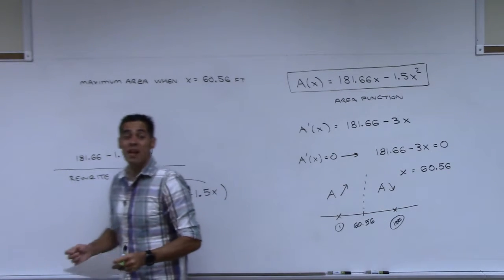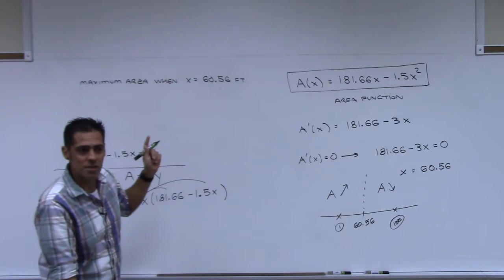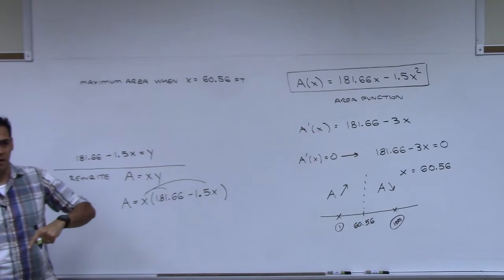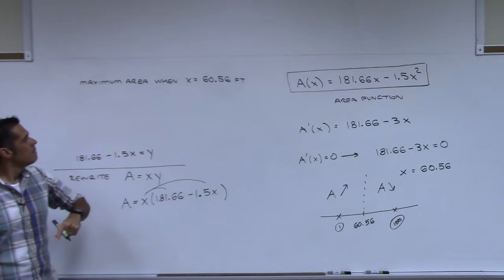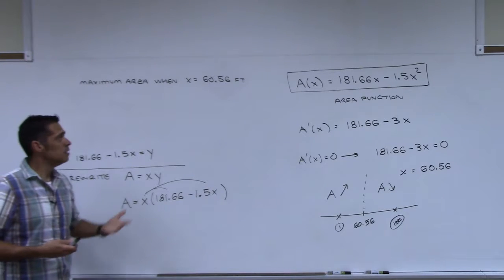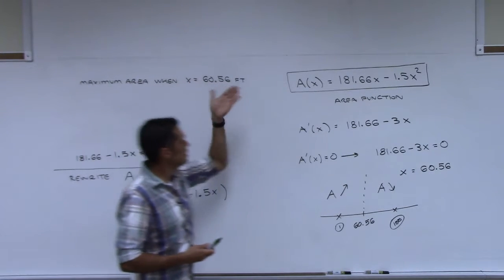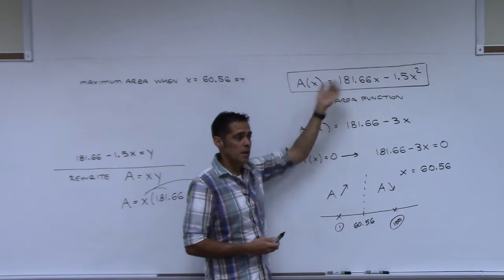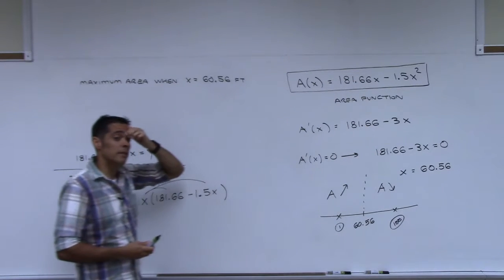What is the largest area? This is not the largest area, is it? This is the x that gives you the largest area. So how do I actually figure out what the largest area is? Plug that into this, not the derivative, right? The area function. And that will spit out the maximum area.